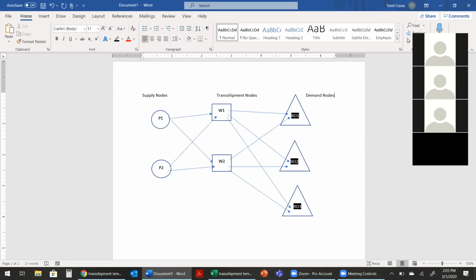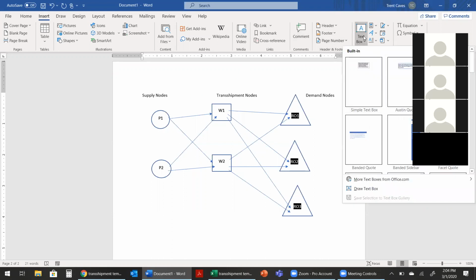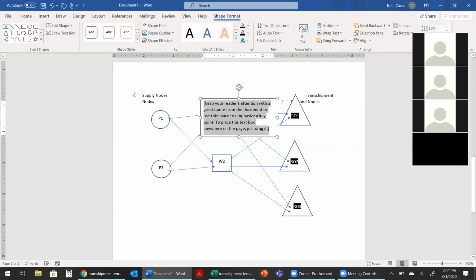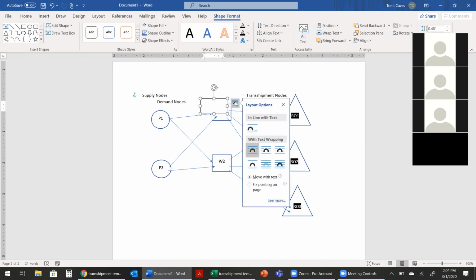Then it says to write down the ARC costs and capacities. So this can be just a simple text box. And I'm going to do this, the layout options.